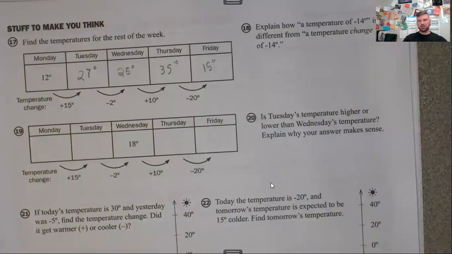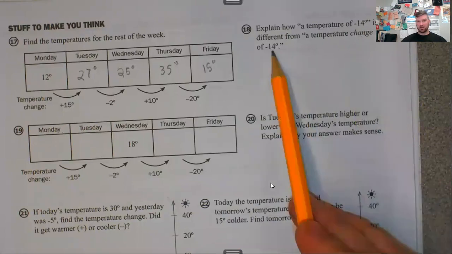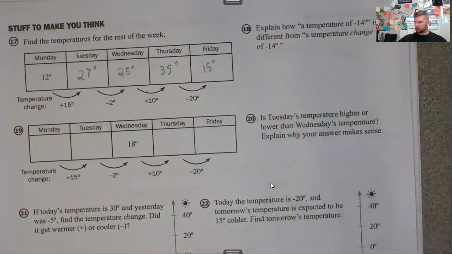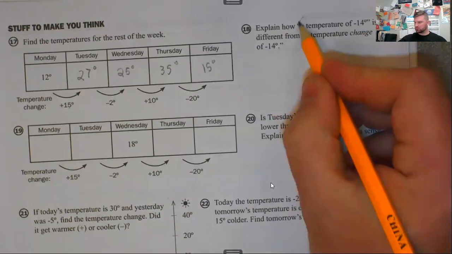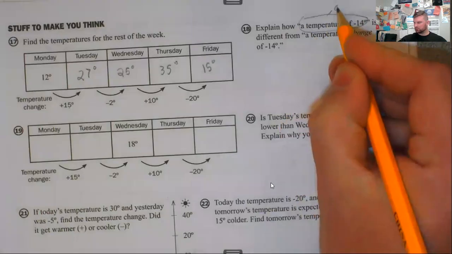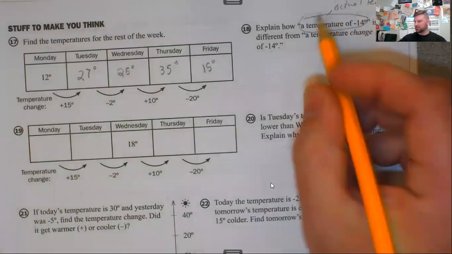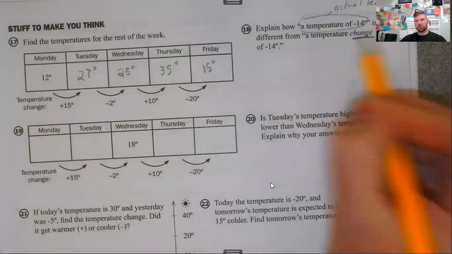A temperature of negative 14 degrees is a really cold day, but when the temperature change is negative 14 degrees, you have to have the previous day. So this one is the actual temperature, and this is the change from the previous day.